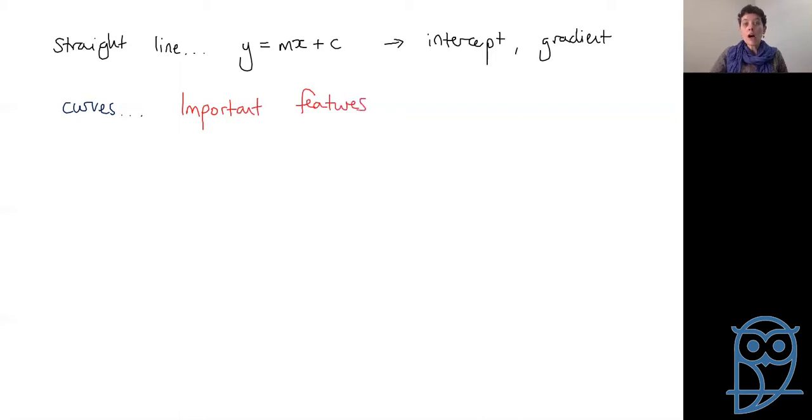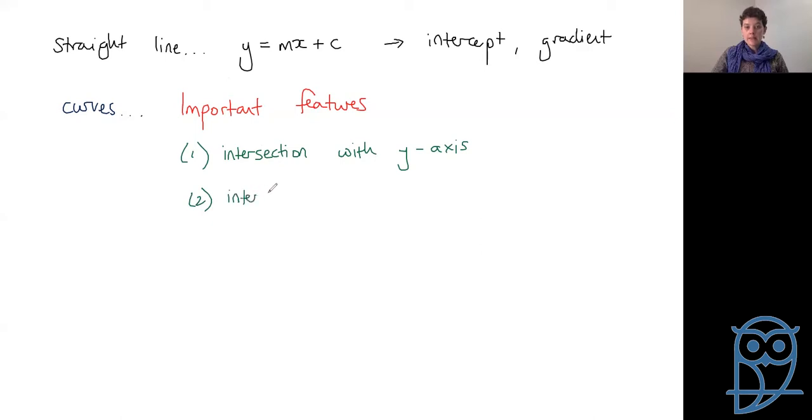So what are the important features of our curves that we're looking for when we want to sketch? First thing, we need to look for the intersection with the y-axis. What is lovely is this is also still our constant term, same as the plus c in y equals mx plus c. Our constant term in our curve is also our intersection with the y-axis.